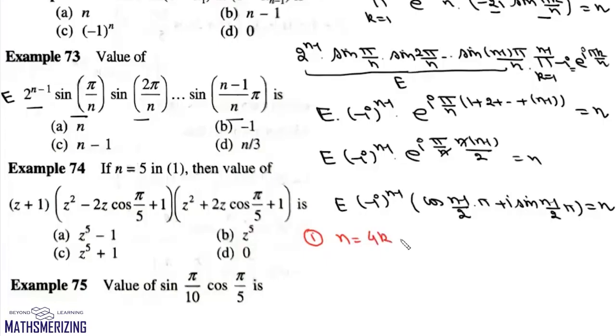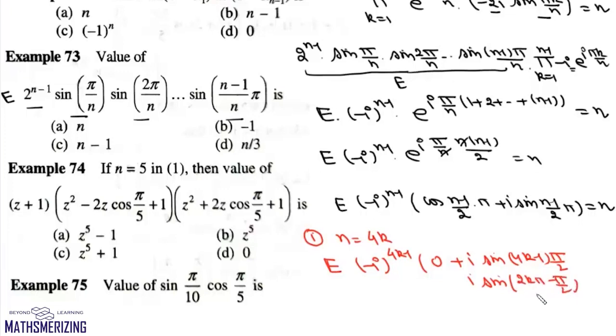Now if n is of the form 4k, then we'll get this expression as E into (−i)^(4k−1), and here will be cos((4k−1)π/2), which is an odd multiple of π/2, so it will be 0, plus i sin((4k−1)π/2), which is i sin(2kπ − π/2), and which is −i.